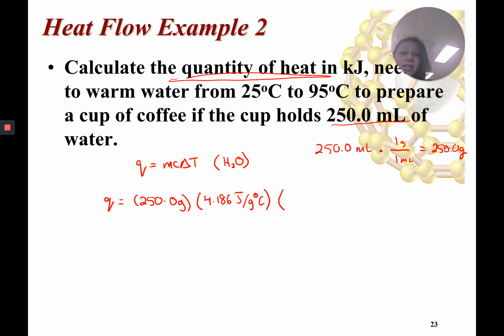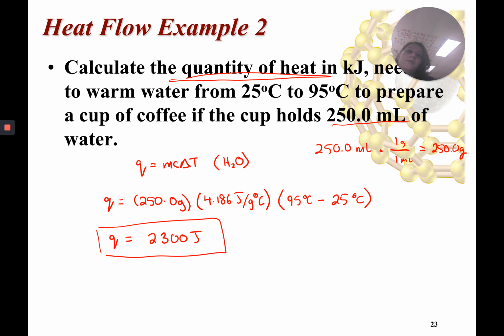And then my difference in temperature, remember, is always final minus initial. So 95 Celsius minus 25 Celsius. And you get 2,300 joules, which is 2.3 kilojoules.